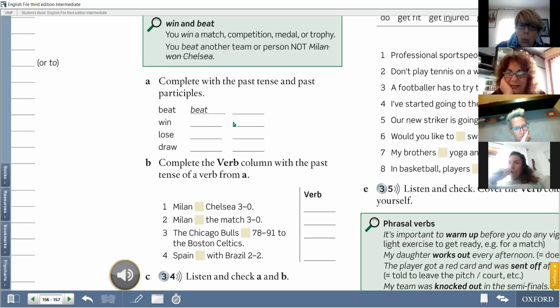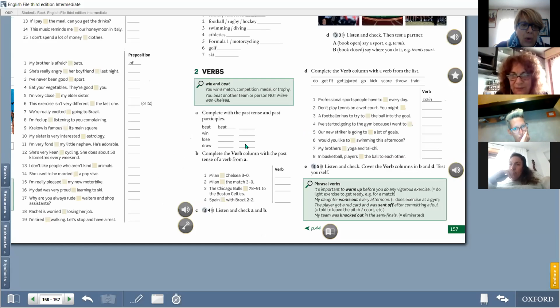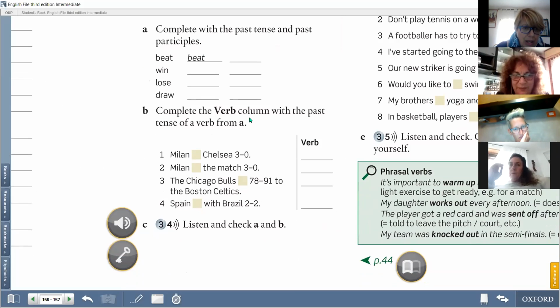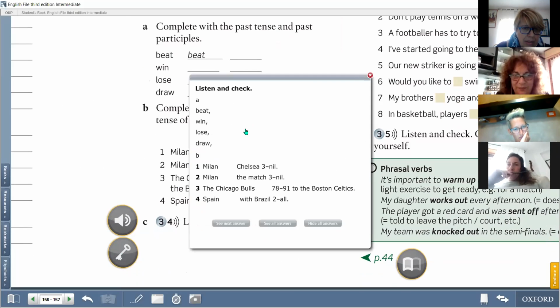Winner è il vincitore. Lose, lost. Draw, drawn. Vediamo se ve lo posso far vedere, è scritto. Won, lost, draw, drawn.